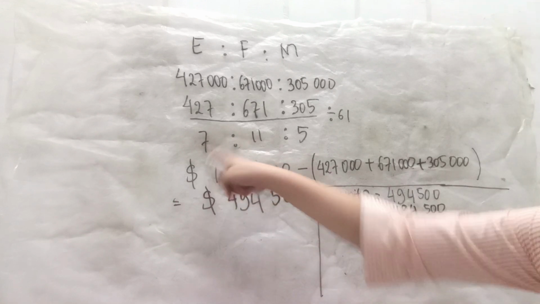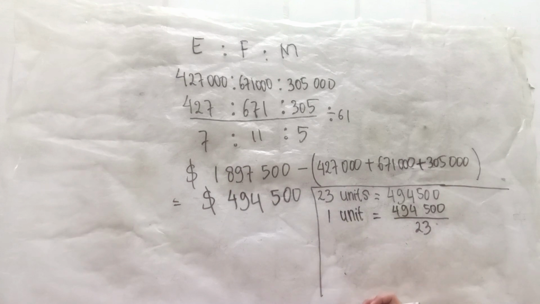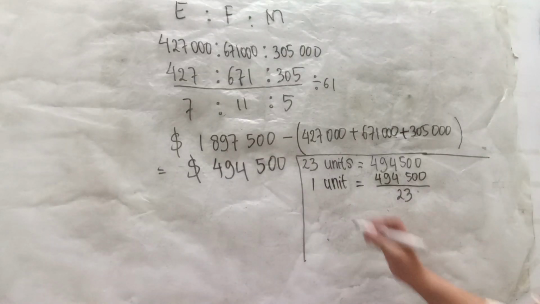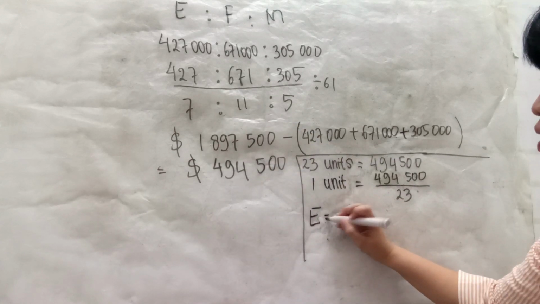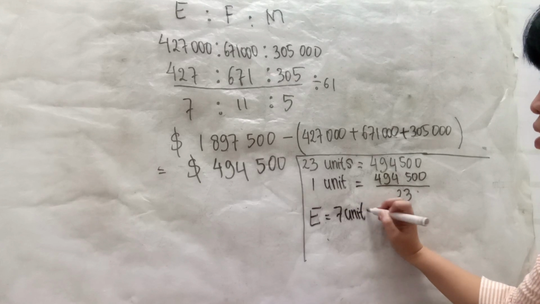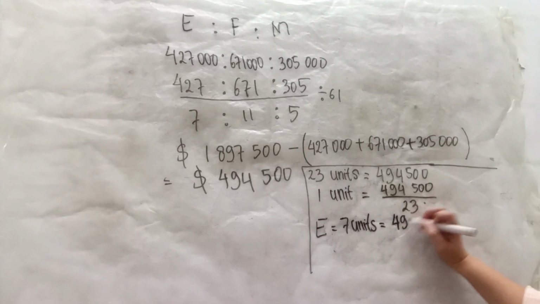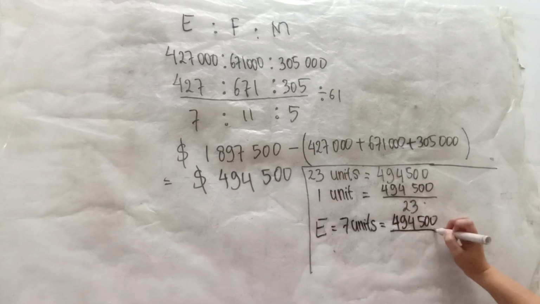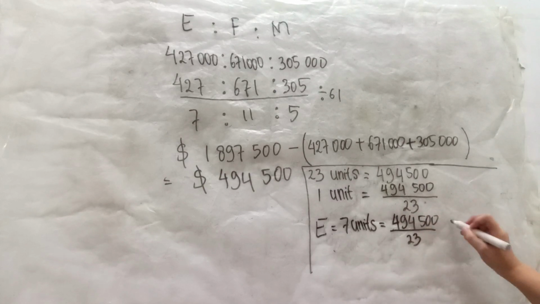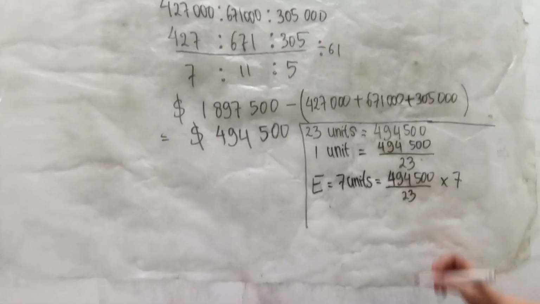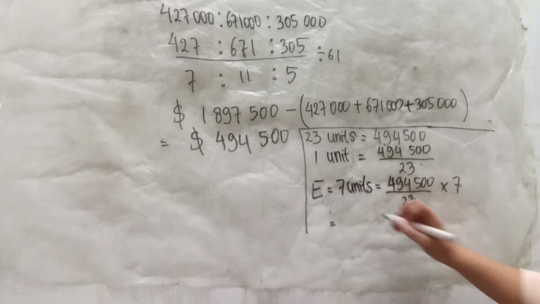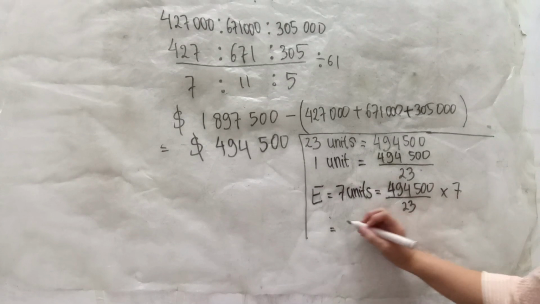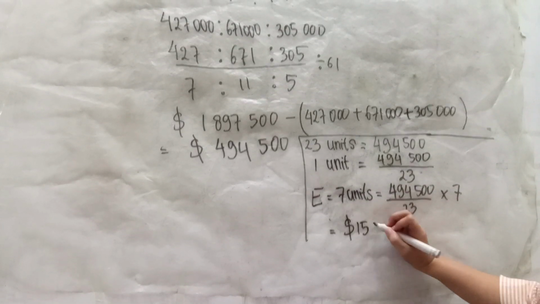Let's find for each of them. First for Ethan, 7 units. So it means 494,500 divided by 23 times 7 is for Ethan. You will get $150,000.